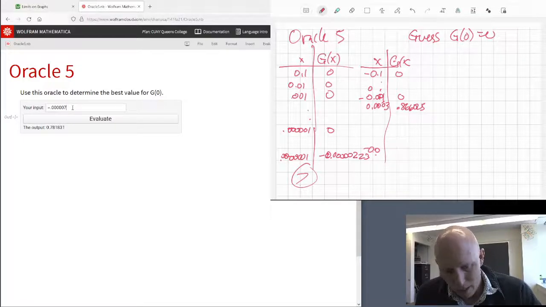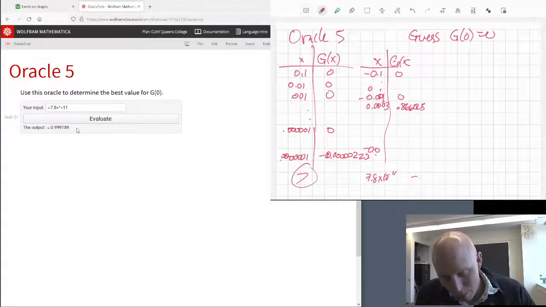If I put in maybe 0.0078, 0.39. If I put in a lot of zeros, maybe it's just I didn't get close enough. This answer is almost -1. Oh my gosh. So 7.8 times 10 to the negative 11th gives me negative 0.999.